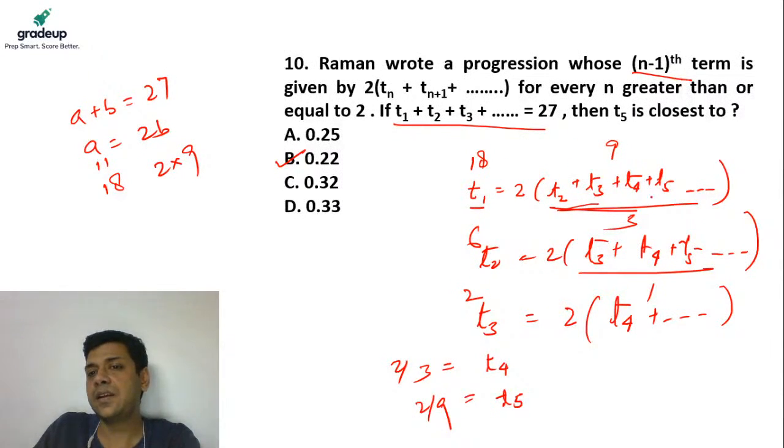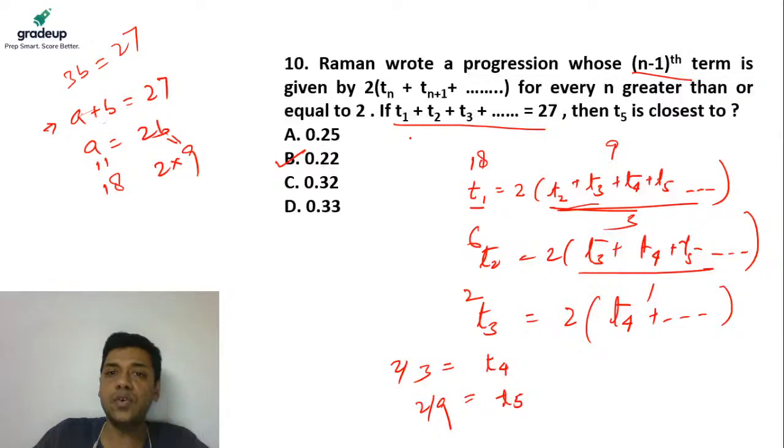We get that T1 is 2 times the sum of all other terms, and the sum of all the terms is 27. So if I say A plus B is 27 and A equals 2B, can I say the ratio of these two numbers is 1 is to 2? So 1 will become 18, 1 will become 9. If I put A equal to 2B, what will I get? 3B equals 27, which means B equals 9, A equals 18.